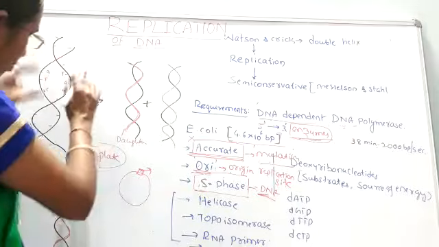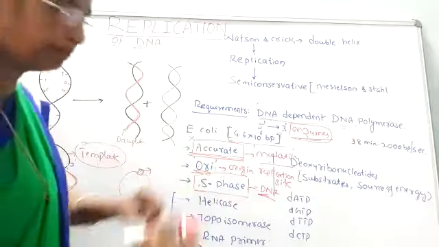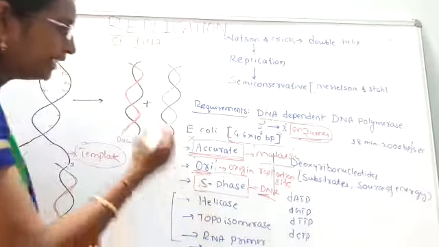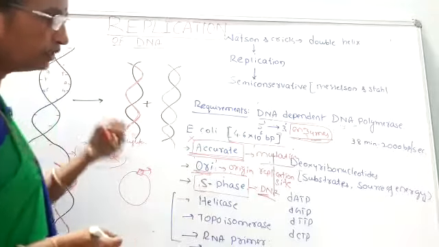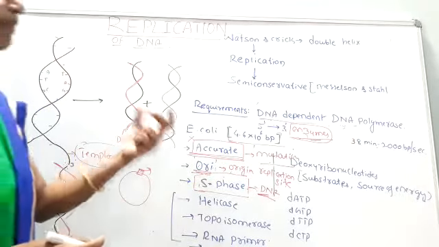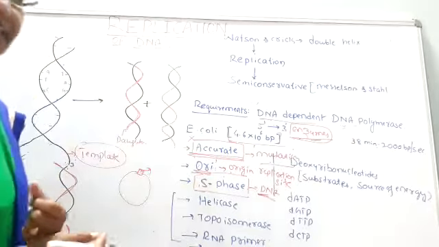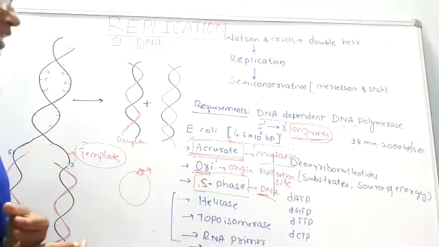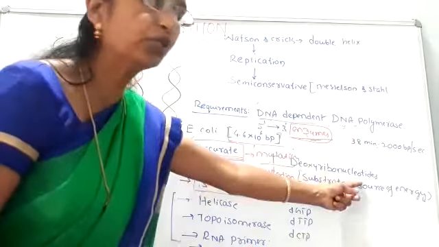Okay. So at any ORI site, the replication begins. In addition to these, the most important one, which is essential for the replication of the DNA, is the raw material for the replication, that is deoxyribonucleotides.